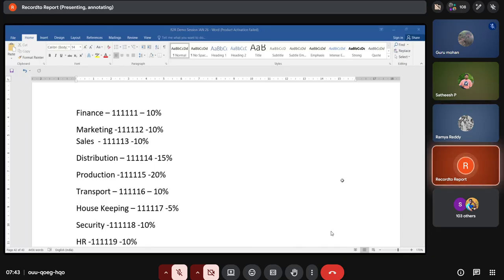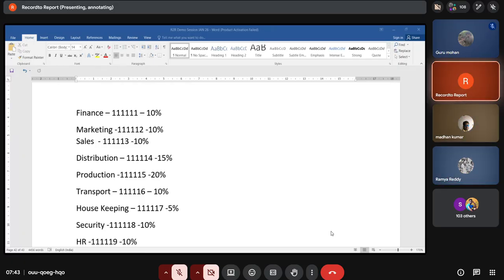Sorry, for the fourth we gave 114 as 15% and 115 as 20%, which is 20,000. Okay, and transportation 10,000, 5,000, 10,000, 10,000. It's clear.